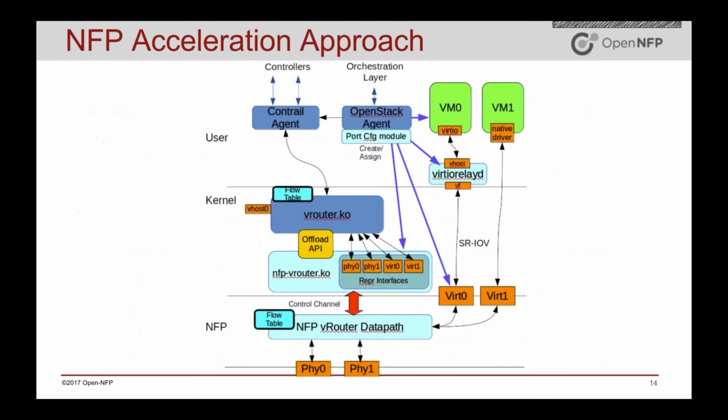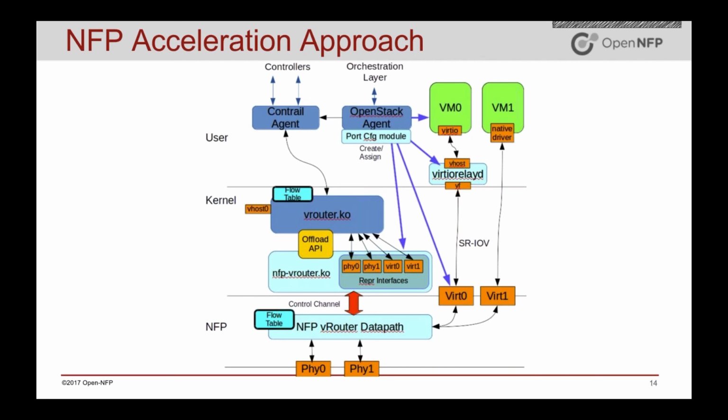Okay. So this is what our new accelerated architecture looks like. Most of the light blue boxes there are the parts we've added, except the flow table, which was always part of the Contrail code base.